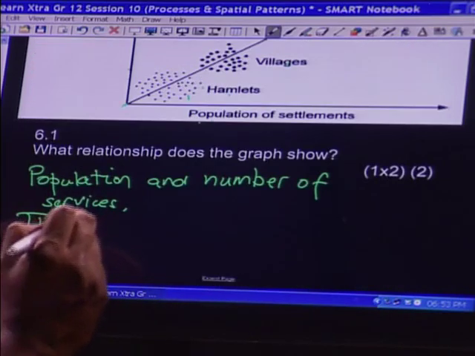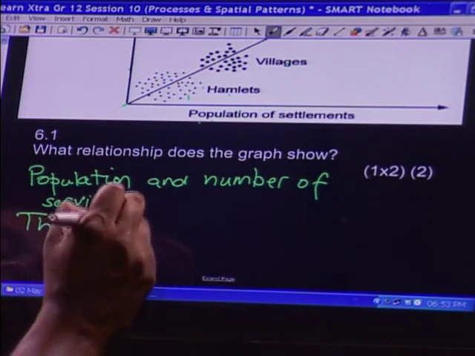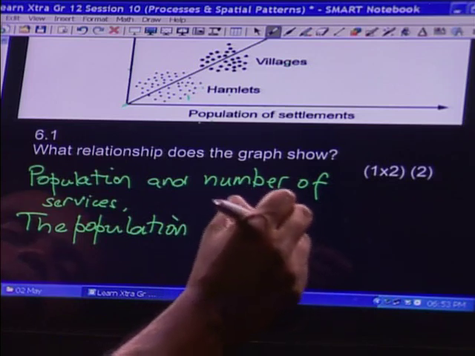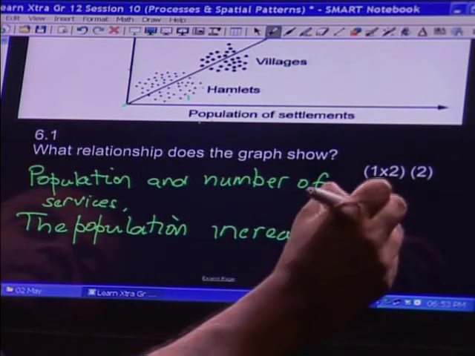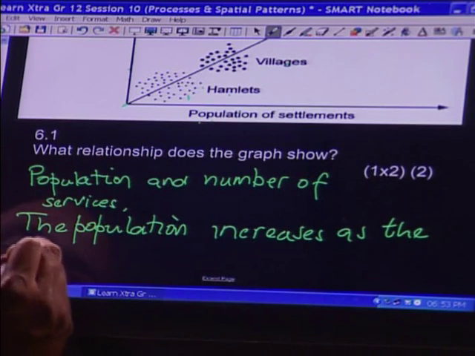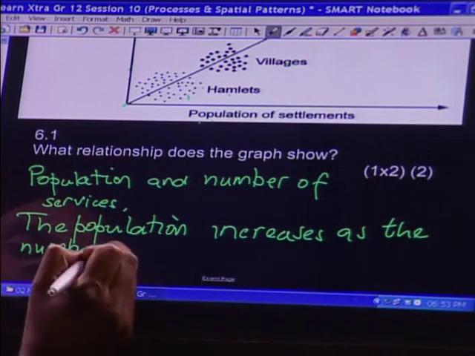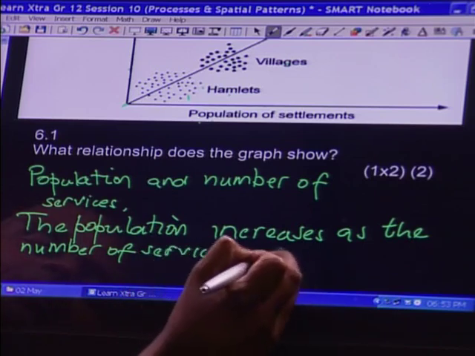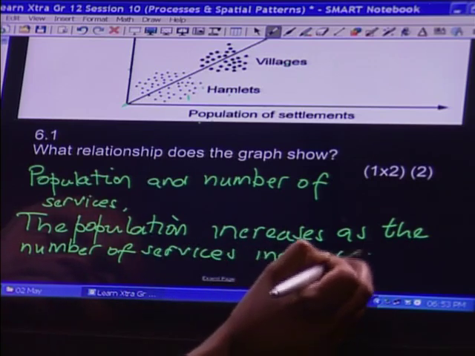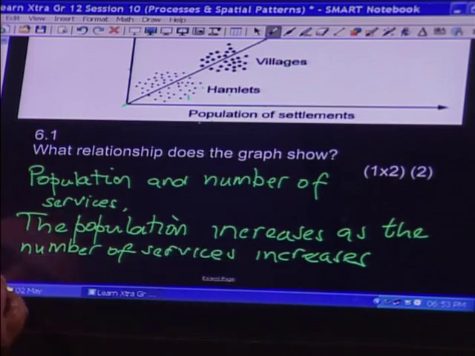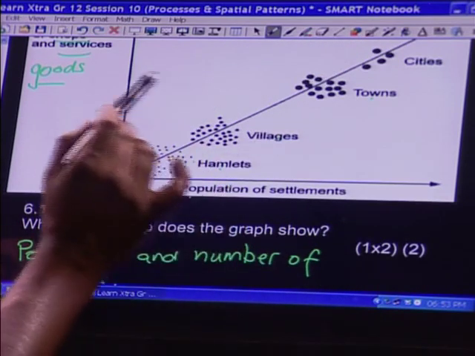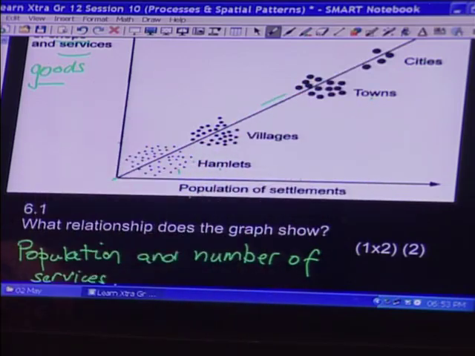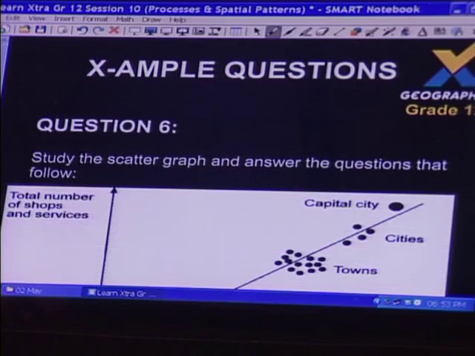The population increases as the number of services increases. Note the relationship is displayed by the line separating your y and your x-axis. Moving on to the next question.